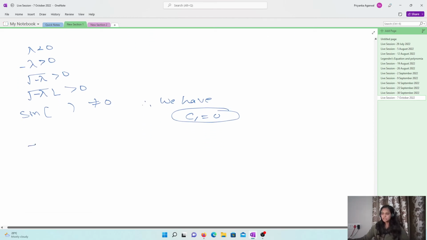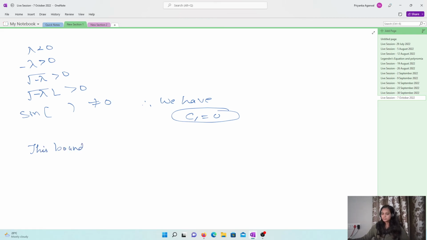Hence, we can write that this boundary value problem will have no negative eigenvalues. Okay.